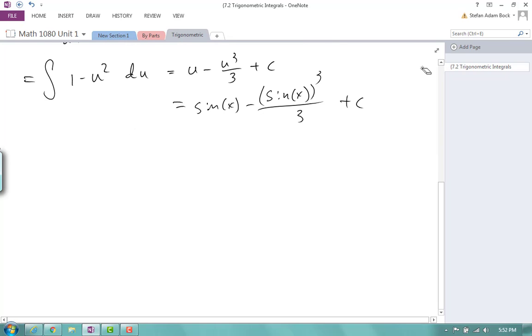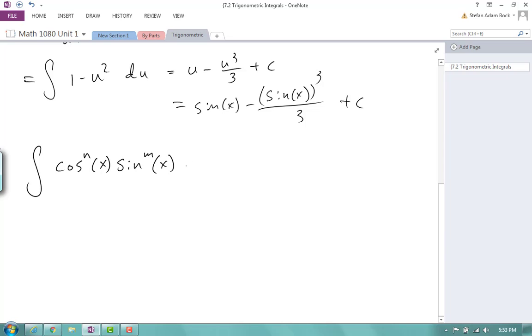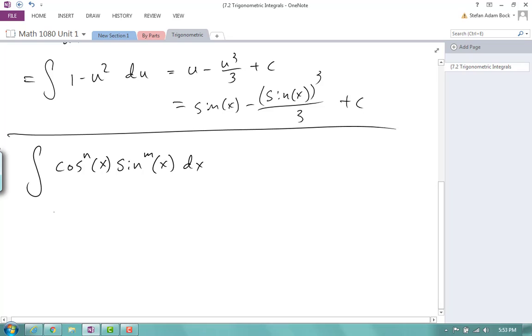Now, I'm not going to do a large number of these because we literally just have a laundry list of, if you have this, then do this. So general form, I'm going to have cosine to the n of x times sine to the m of x. So what do I have here?